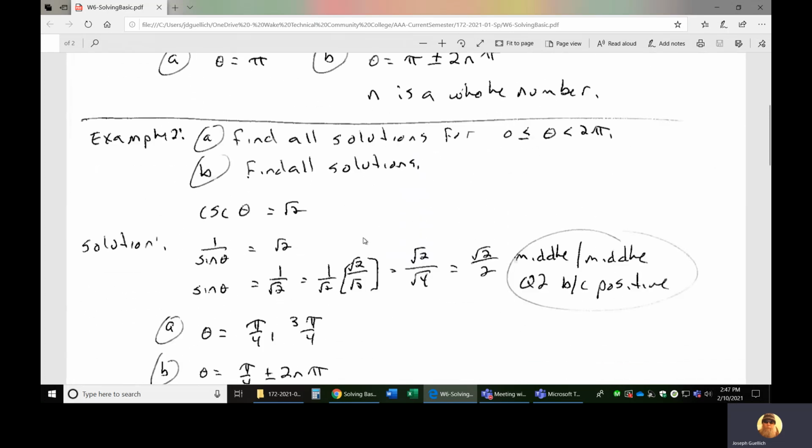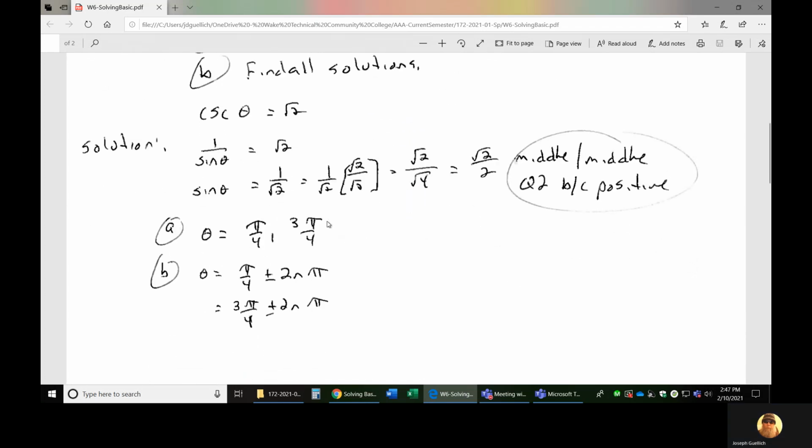All right, next example. Cosecant theta equals square root of 2. And I'm using sine. I don't know off the top of my head what angle has cosecant square root of 2, but I flip over sine. Cosecant is 1 over sine equals square root of 2. So sine equals, flip over the number right there, 1 over square root of 2.